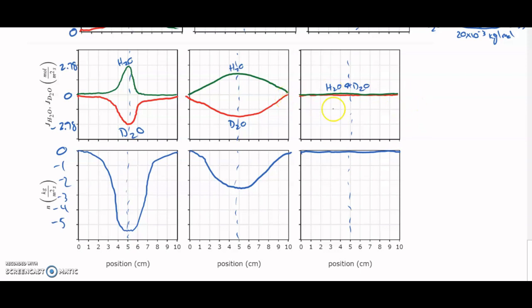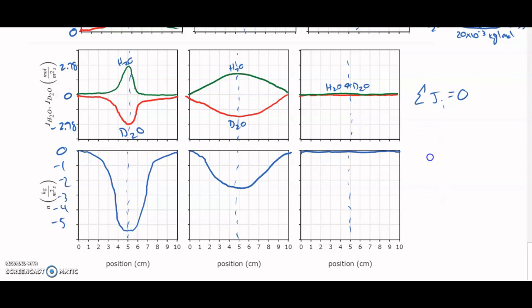And then ultimately, again, at some infinite time, remember that the summation of all the molar diffusion fluxes ultimately equals 0. So at some infinite time, there will be no more molar diffusion flux. So both profiles remain constant at 0.